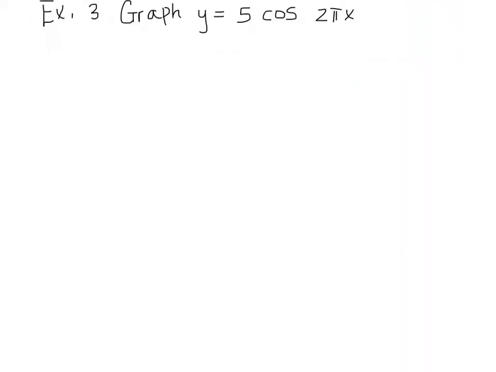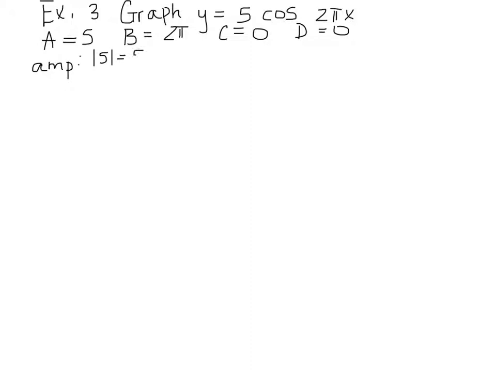In this example, A is 5, B is everything in front of x, which is 2 pi, C is 0, and D is 0. So my amp is the absolute value of 5, which is 5.